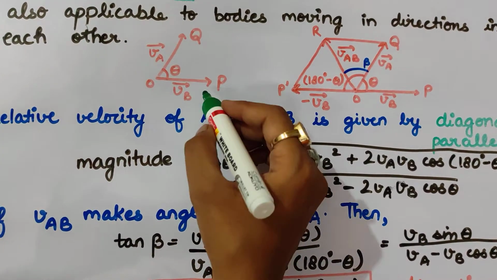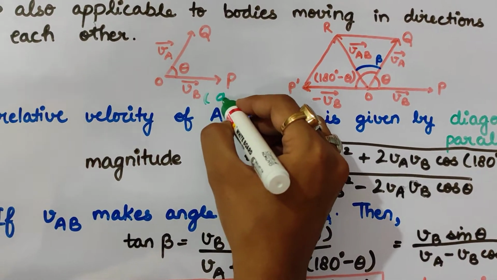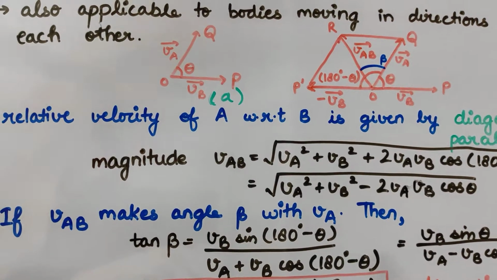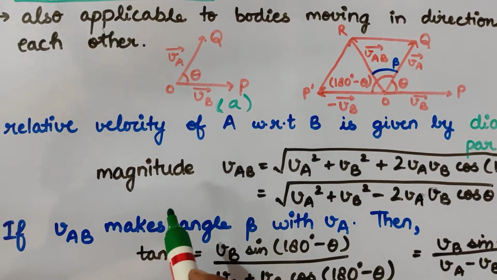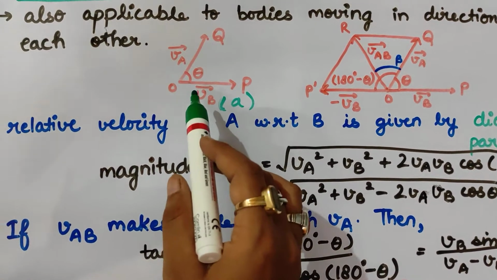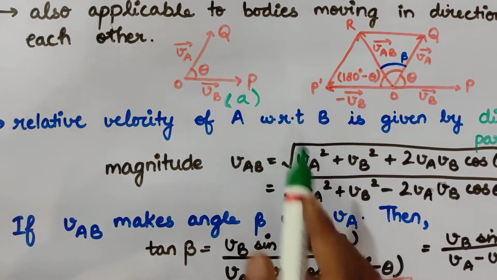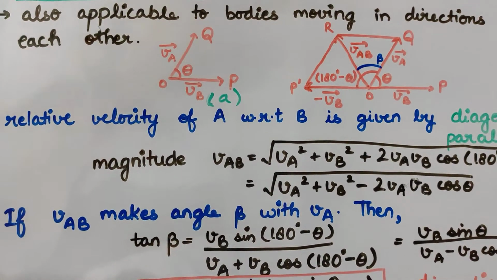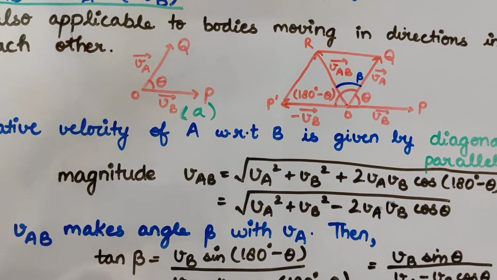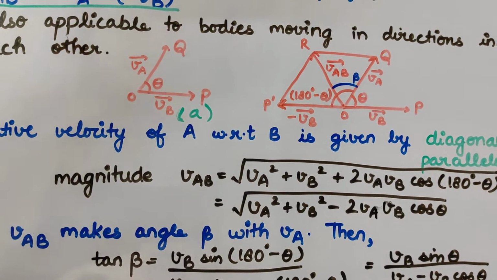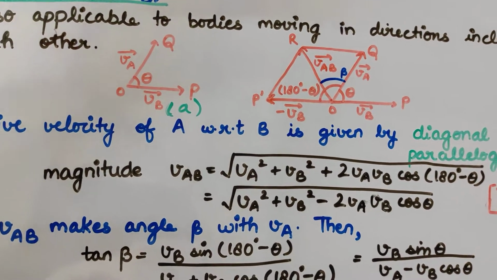As you can see in this figure, let us suppose this is figure A. This is VA, velocity of object A, and this is VB, velocity of object B, and they are making an angle theta with each other. Now to find the relative velocity VAB of the body A with respect to body B, what will we do?